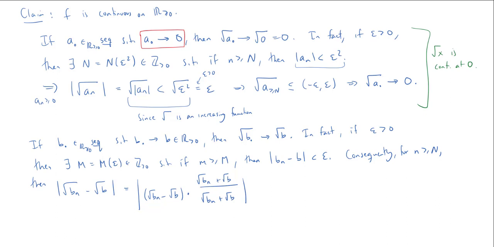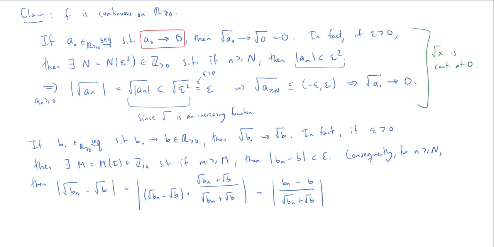Okay, now if I multiply the numerators together, I realize I'm getting this difference of squares situation. And so the numerator becomes, well, the square of the square root of Bn, which is just Bn, minus the square of the square root of B, which is just B. And then on the bottom, well, I have all this junk, square root of Bn plus the square root of B. Okay, but what do I know about Bn minus B?